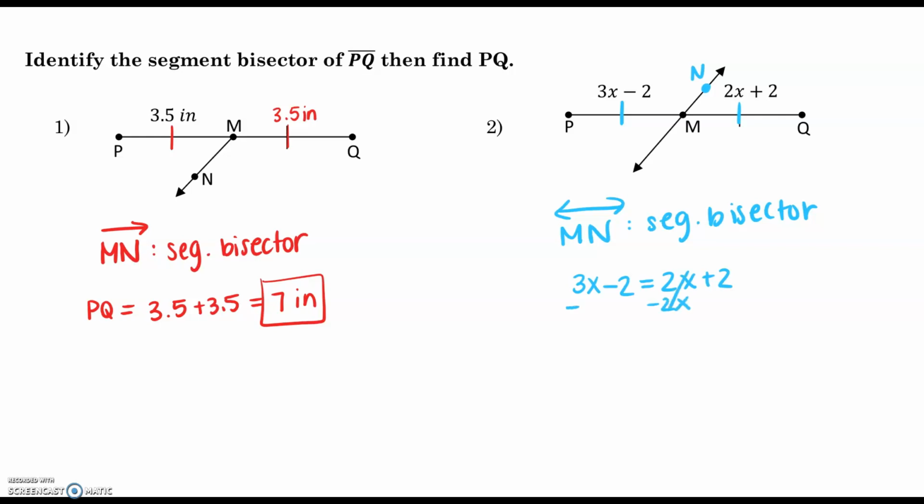I'm going to subtract 2x from both sides. So we have x minus 2 equals 2. I'm going to add 2 to both sides. So we get x equals 4. They don't want us to just solve for x. They want us to find the length of segment PQ. So what we're going to do is plug in 4 for x.